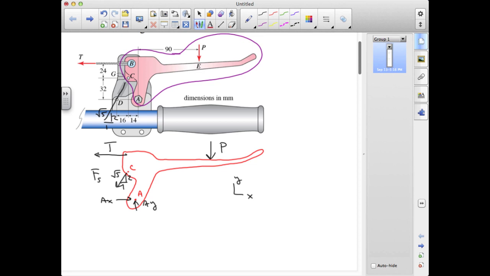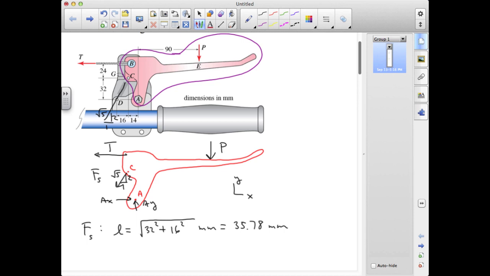Let's first find the spring force. We have the stretched length is the square root of 32 squared plus 16 squared millimeters, and that is equal to 35.78 millimeters.